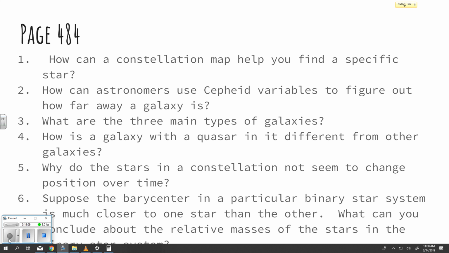The star the barycenter is closest to has more mass than the other star.